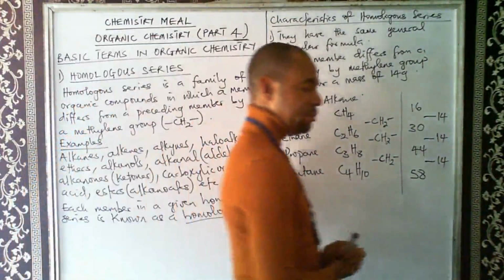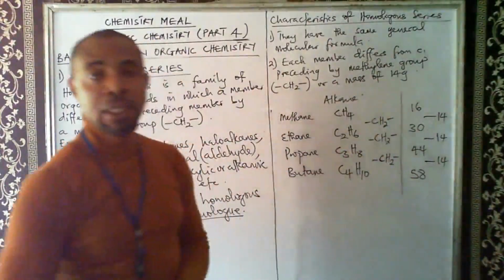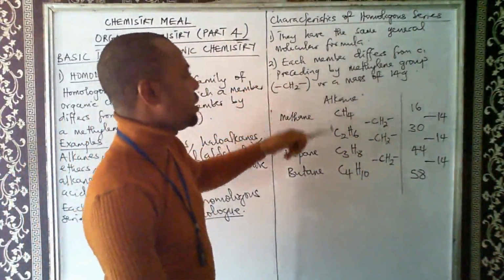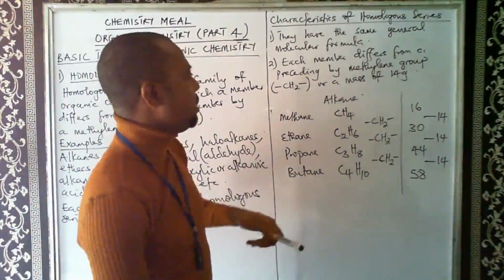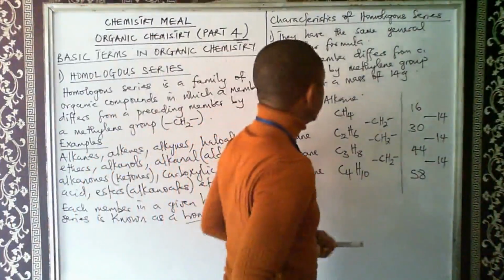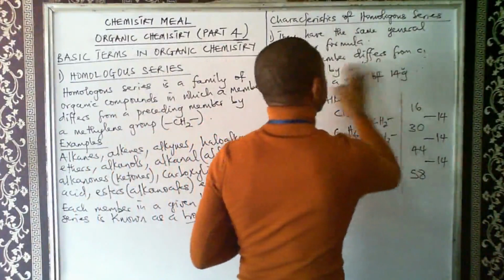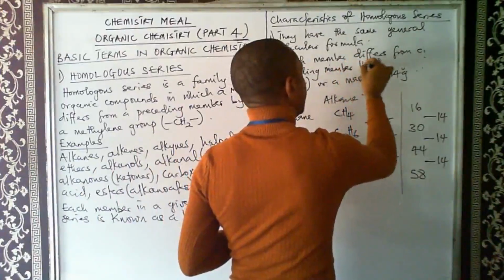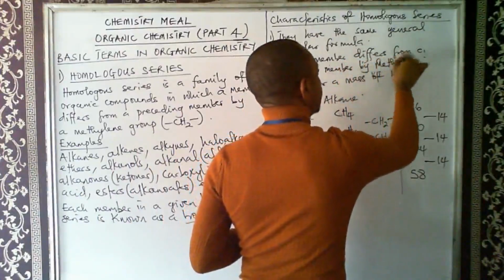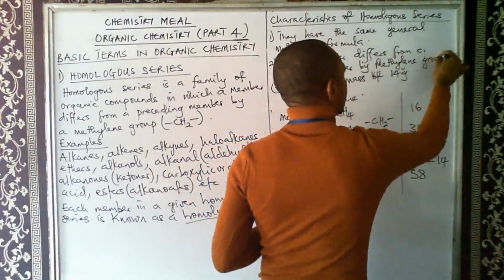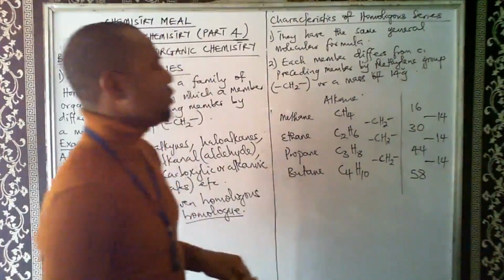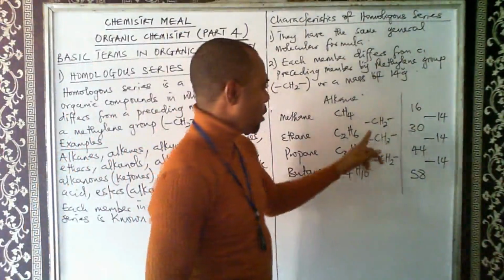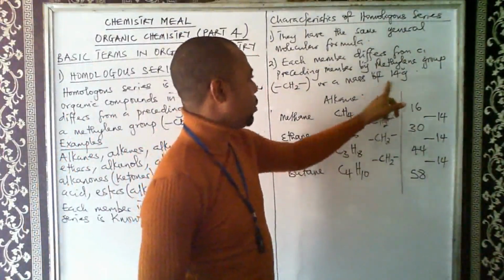Okay, I know that is very much clear now. So each member differs from a preceding member by a methylene group, and we have seen that, or by a mass of 14 grams.